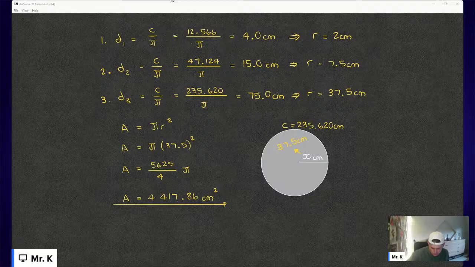Okay, so that is how we are able to find the area of a circle when we are only given the circumference. These are the sorts of tips that you need to be aware of when going into your exams, guys, because sometimes your teachers are going to test your really detailed understanding of a topic.